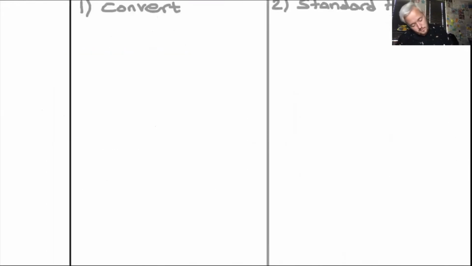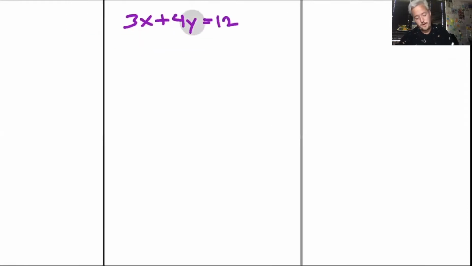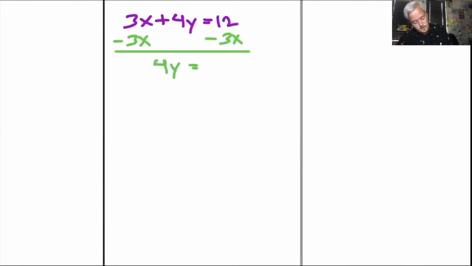I'm going to convert this really quick. When I say convert, remember we're solving for y. So subtract 3x. I'm going to have 4y equals negative 3x plus 12. Remember, we put the x in the front to resemble slope-intercept form.